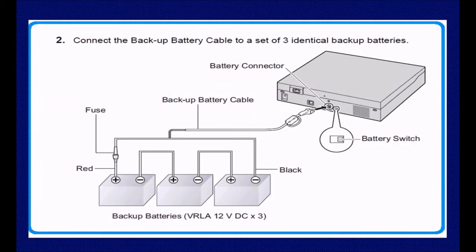To connect batteries, you must use 3 identical 12 volt batteries connected in series to multiply the potential difference and have 36 volt, which is needed for the system to work correctly.